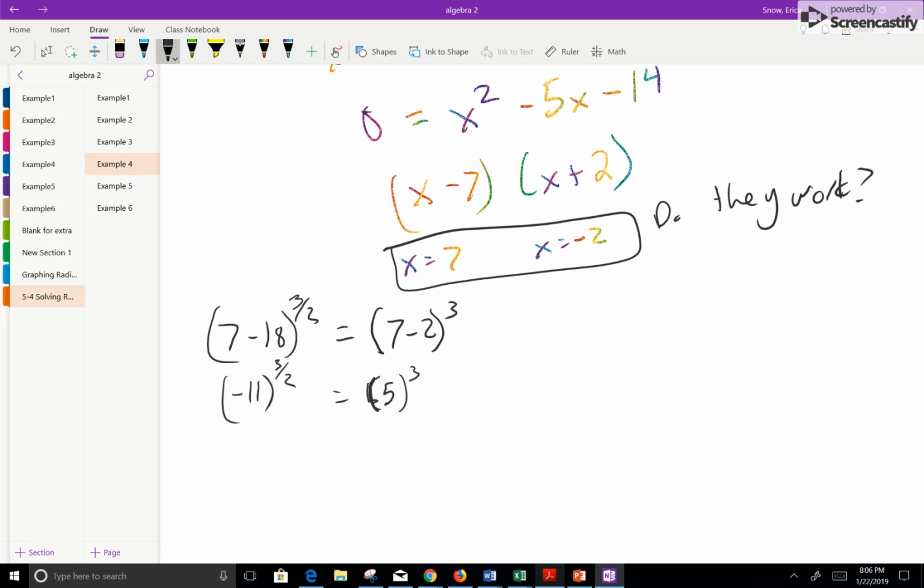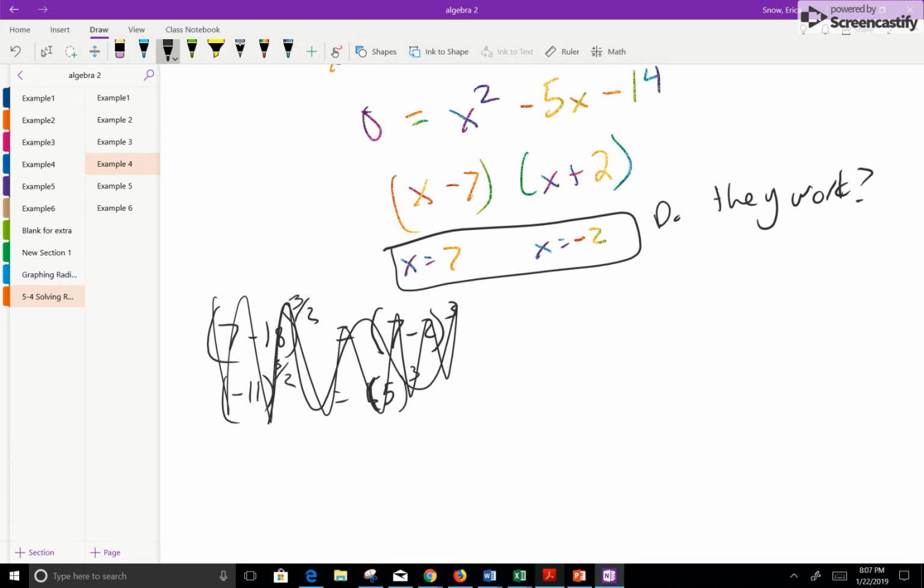So now, again, the easier way to do this actually is to plug these, hold on. What was I doing? Oh, I just wrote plug them back in, and -2 doesn't work. So really, you don't have to go through all of this.